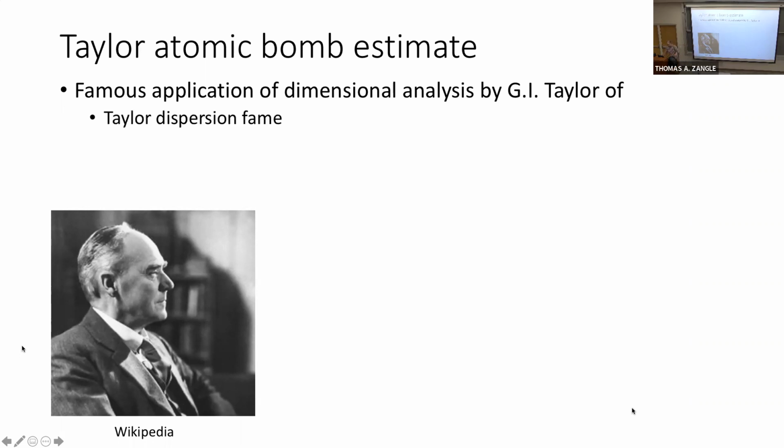And G.I. Taylor, if you look around fluid mechanics, his name is all over the place. Taylor dispersion has to do with how flow can cause effective mixing, and there's Taylor-Couette rotating cylinder flow. There's a Taylor number. Having a dimensionless constant named after you is, I don't know, maybe the best honor a fluid mechanician can ever receive.